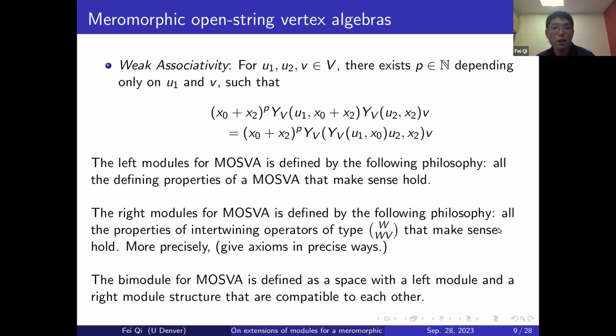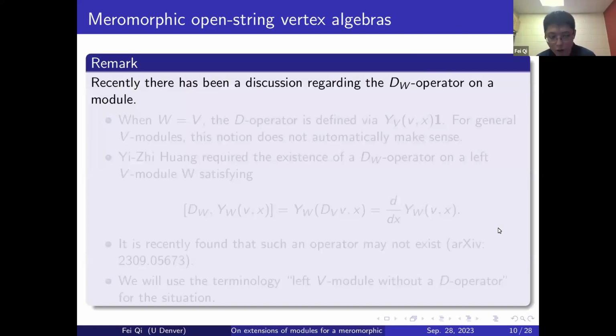Okay, all right. On the other hand, I should really give a remark, and this remark did not arise when I was first drafting the paper. There has been a very recent discussion, I think in August, just last month, regarding whether or not we should have a capital D operator on the module.